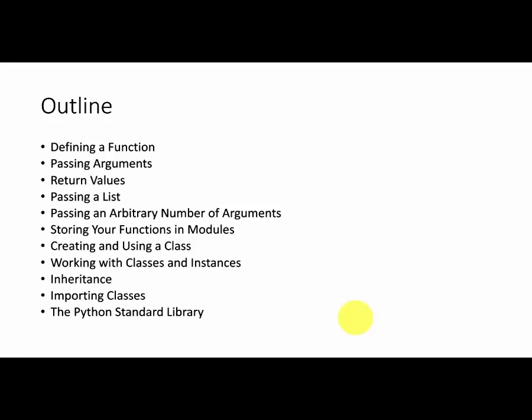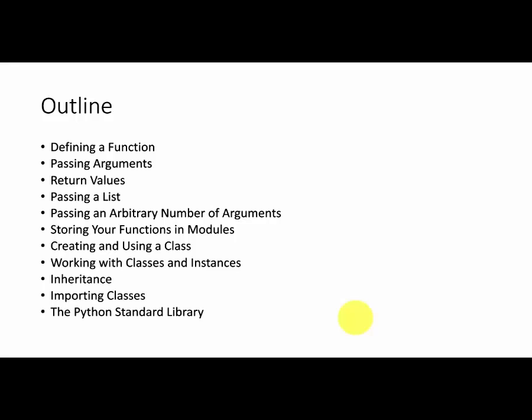The next objective is that you can pass an arbitrary number of arguments. Then storing your functions in modules. After creating a function, you can store those functions in modules, which you are going to learn. Next is how to create and use a class.